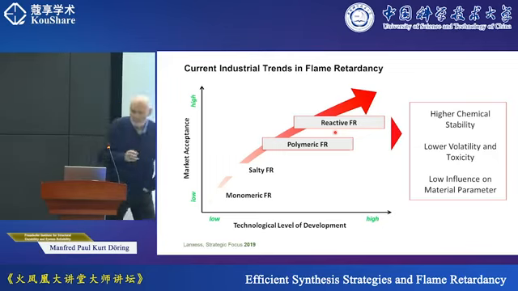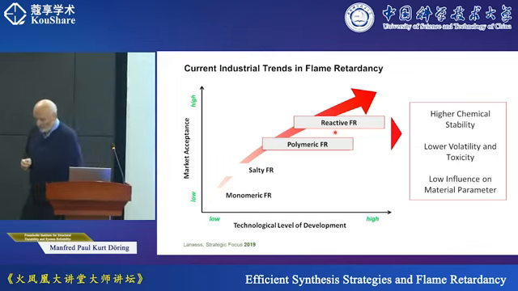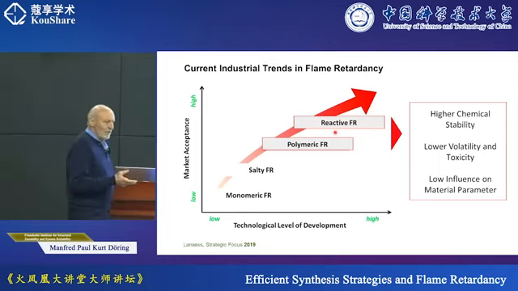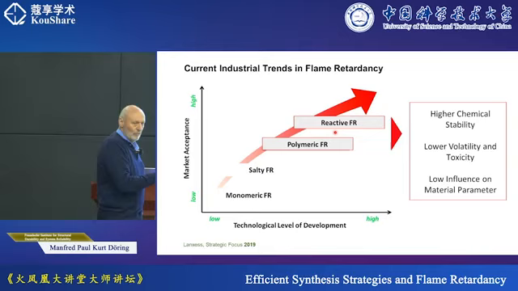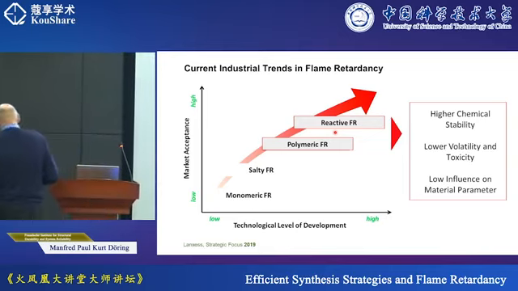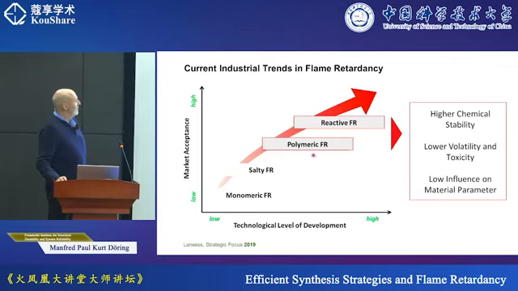Very important, more and more we are changing to flame retardants going from a molecular compound to a polymer. The reason for that is REACH as well. Polymers are easier to get REACH certification.